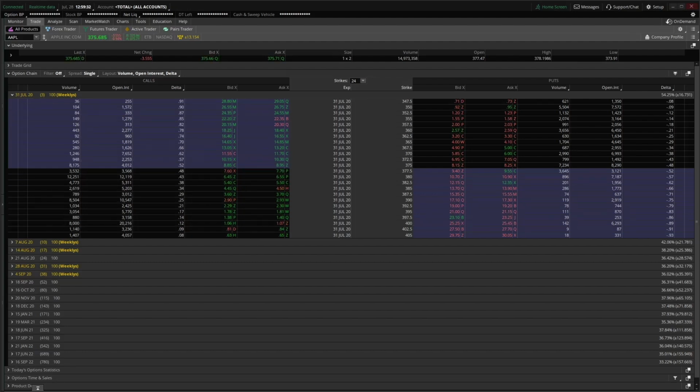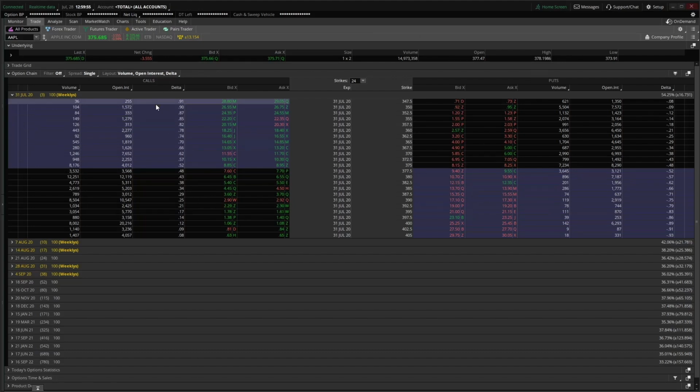What out of the money and in the money means is that if you're talking about a call side, and in the money contract means that the stock price, so we're looking at Apple right now, is at 375.68. A strike price that is in the money means the current stock is over the strike price. So look at all these strike prices on the left side. Left side are calls, right side are puts.